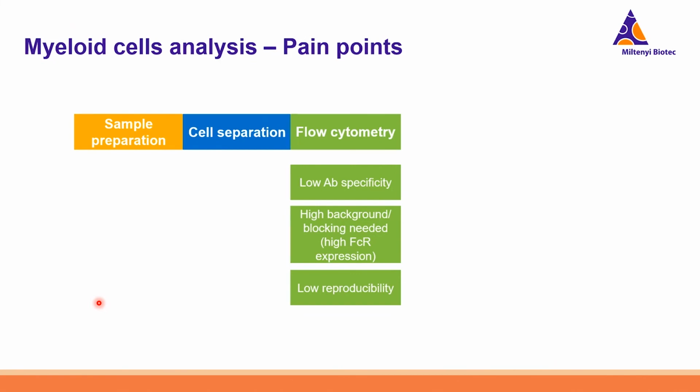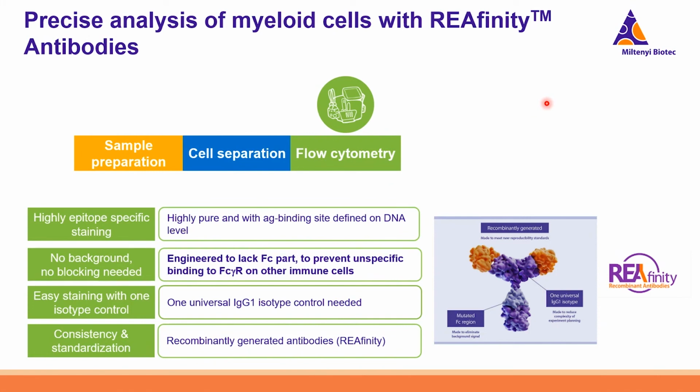One of the reasons for high background signals is non-specific binding of antibodies to the Fc receptors found in myeloid cells such as macrophages, monocytes, and dendritic cells. And this is actually one of the reasons that make these cells difficult to analyze, due to their similarities. So the solution is our REAfinity antibodies.